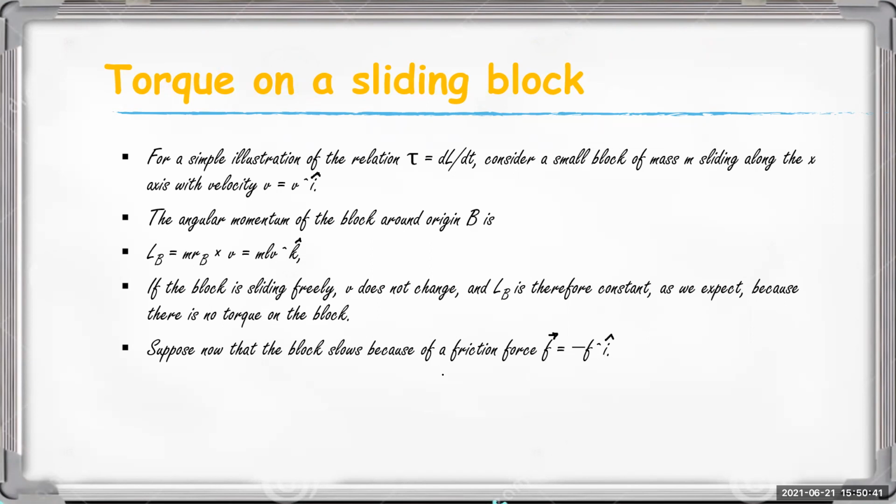So the torque tau b is equal to Rb cross F. So that is equal to minus L F k, because we know that when the origin is at B, the Rb vector must be equal to L.